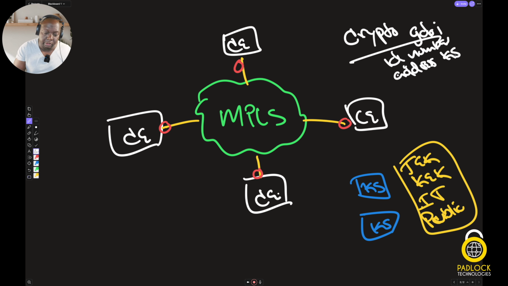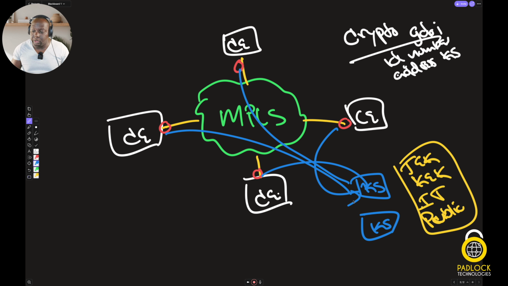Each one of these devices, even the one that's behind the key server, will reach out to the key server and get all the information. It will get the instancing traffic, which is usually going to be a classless boundary, like a major boundary, such as 192.168.0.0 with wildcard 0.0.255.255, and that's really based on what is behind all these CEs.